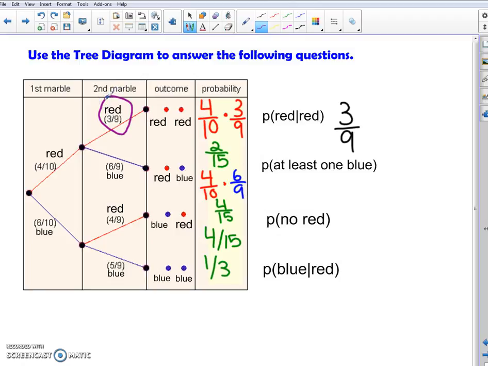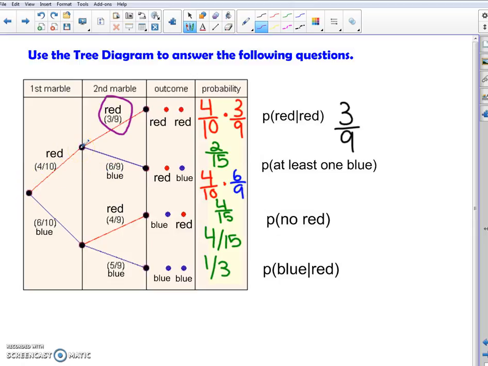Okay. Now I'm going to jump down to the last one just so we get a little bit of practice with that. Now we're going to take a look at probability of blue given red. So red has already occurred, right? I've already picked a red marble. I want to know what the probability of me picking a blue marble is now that the red marble has already been picked. So first off, red has already happened, so this is where I'm at.